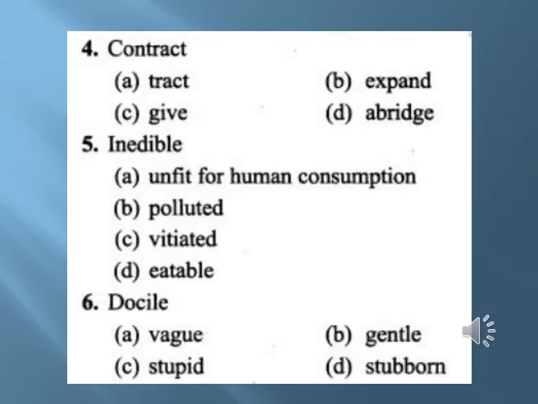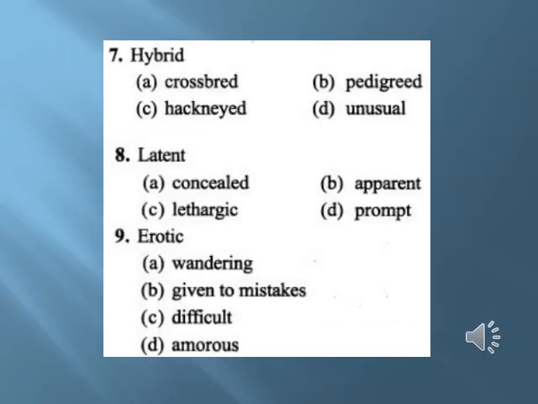Contract, find out the synonym: tract, expand, give, abridge. Inedible: unfit for human consumption, polluted, vitiated, eatable. Docile: vague, gentle, stupid, stubborn. Hybrid: crossbred, pedigreed, hackneyed, unusual.